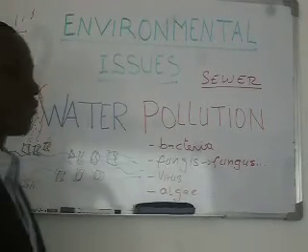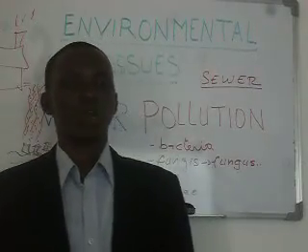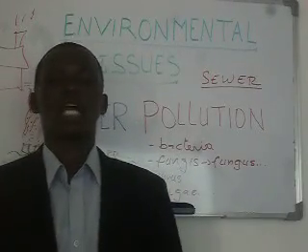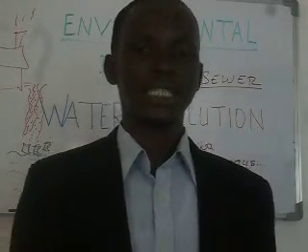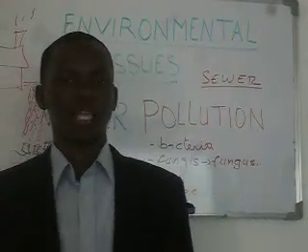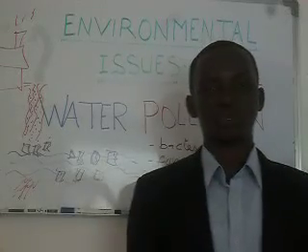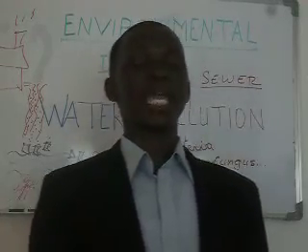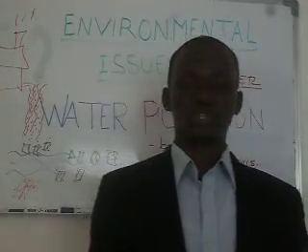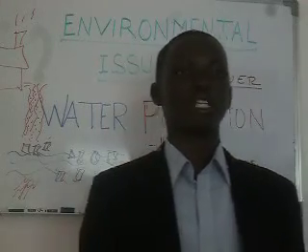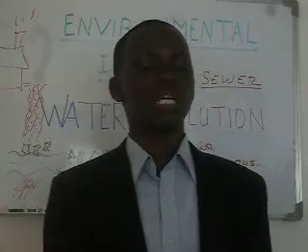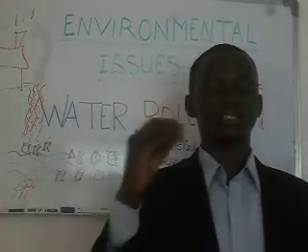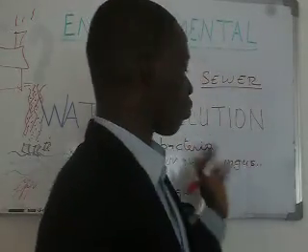The consequences of pollution we can say together, we have diseases. Diseases contracted through drinking such water or through coming into contact with such water, or in fact eating some fruit or some animals that have been in contact with polluted water.